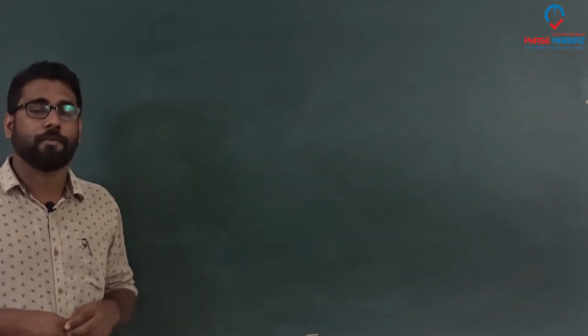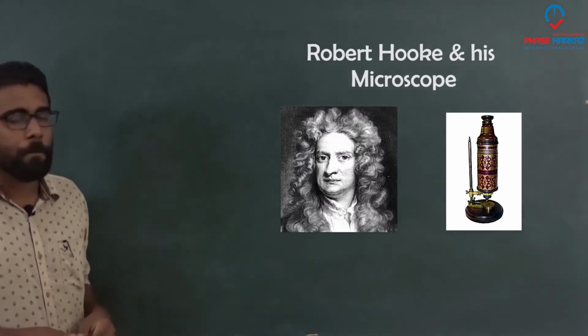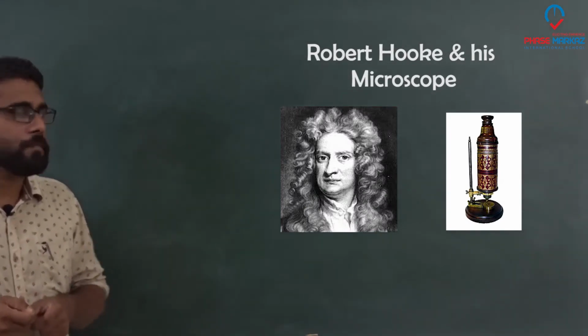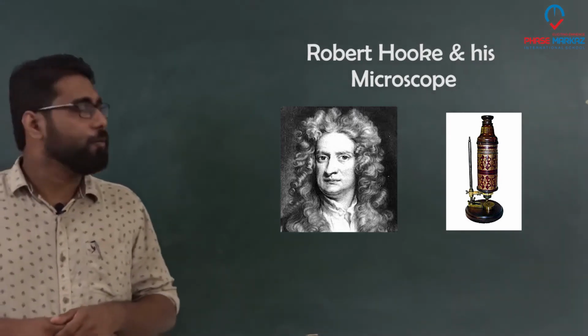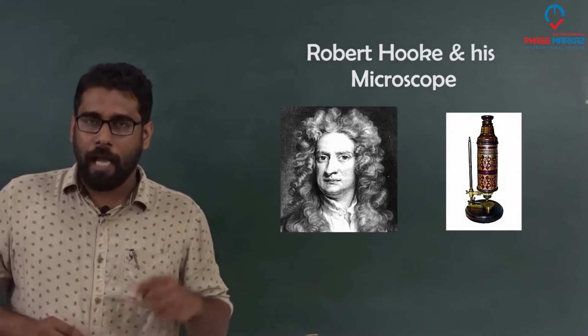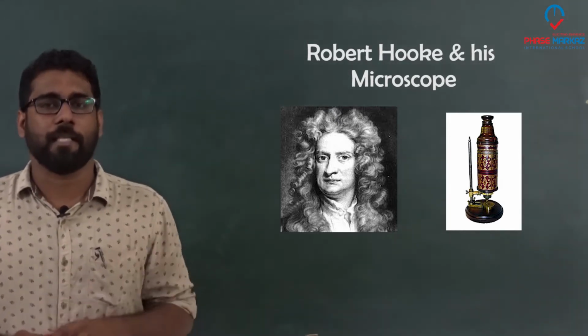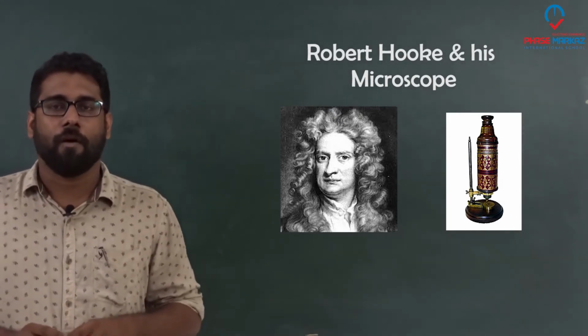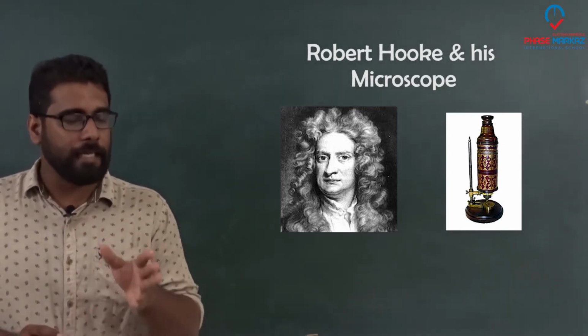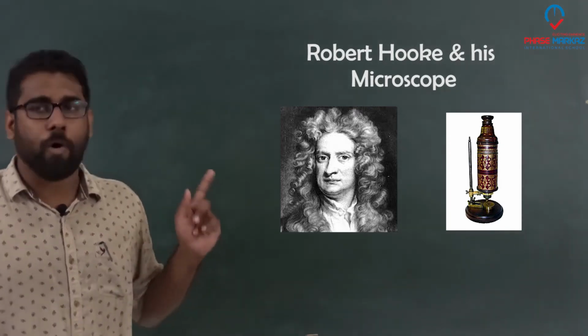The first microscope was developed by a scientist who was good at making lenses, and his name is Robert Hooke. He developed a beautiful microscope, and he was the first person to observe a non-living, dead cell through his own microscope.